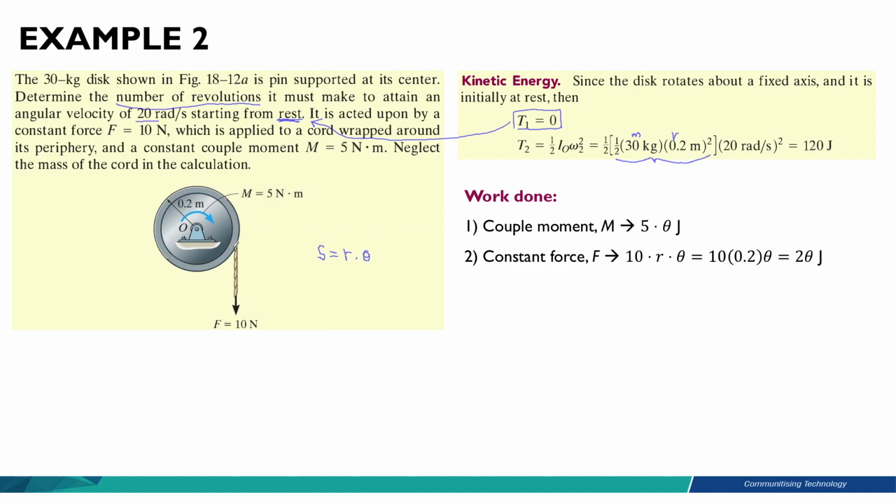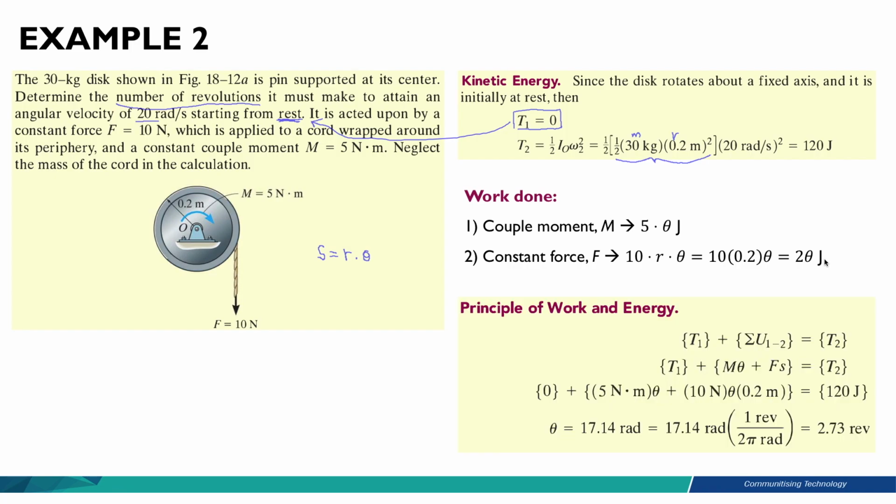We don't know the value of S yet because we don't know the value of theta. R is given as 0.2. Therefore, the work done by the constant force F is equal to 2 times theta joule.